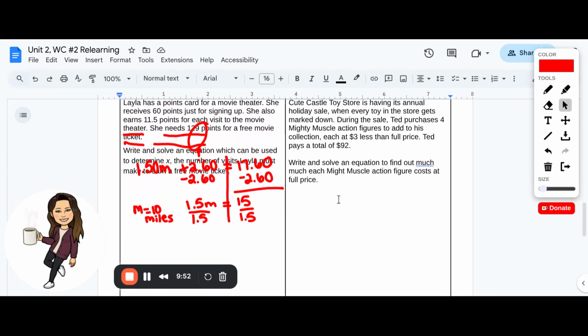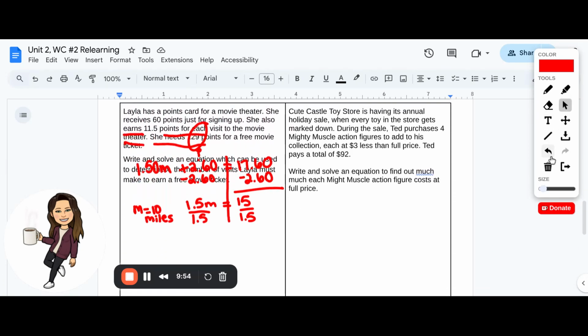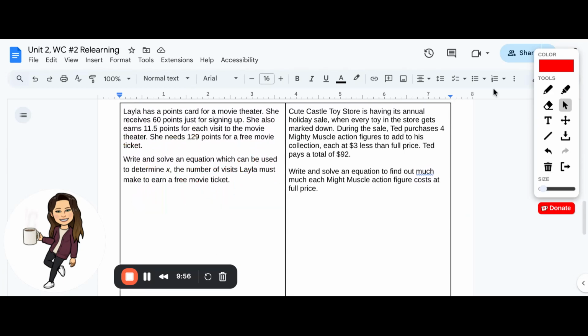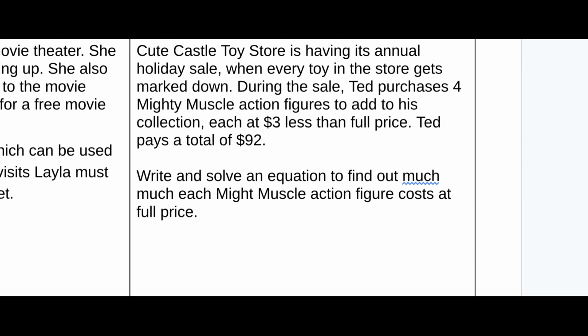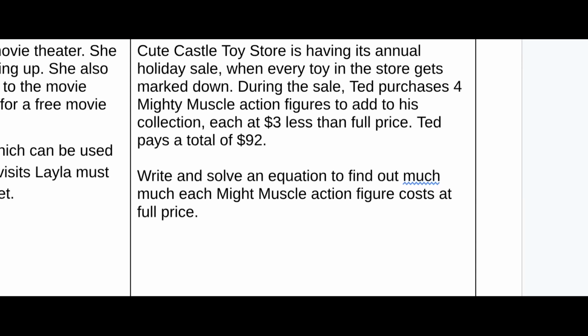I'm going to do one that has parentheses. So we're going to look at this one. It says Cute Castle Toy Store is having its annual holiday sale. So during the sale, Ted purchases 4 action figures to add to his collection, each at $3 less than full price.